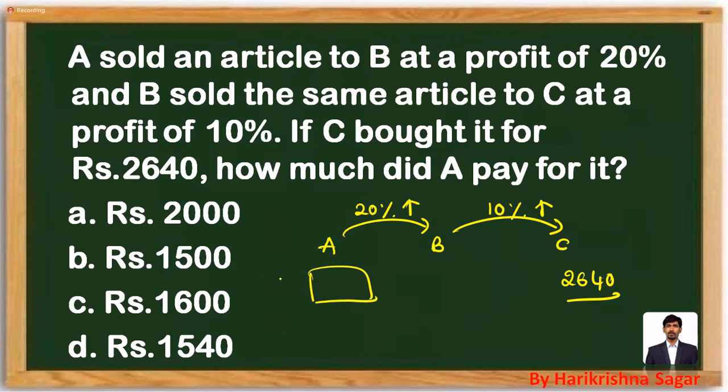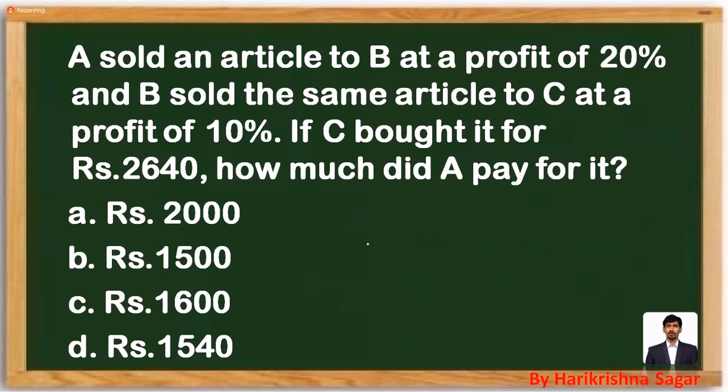So overall 20% profit, 10% profit. What is the total profit? 20% increase, 10% increase. Net increase will be given as 20 plus 10 plus 20 into 10 divided by 100. So that is nothing but 32%. 20 plus 10 is 30 plus 2. So net increase is 32%.